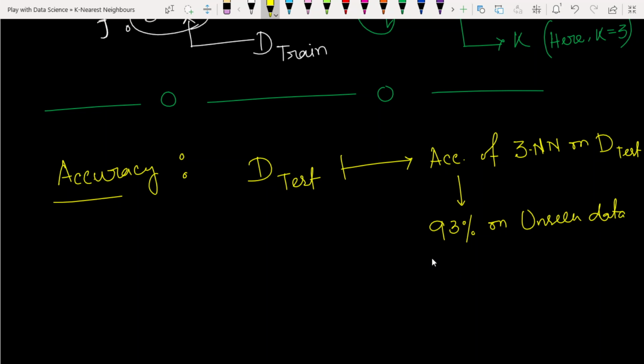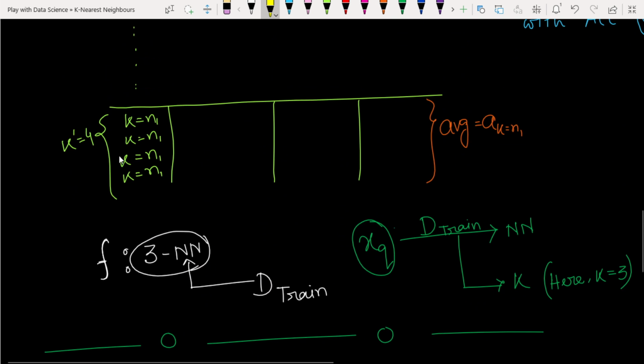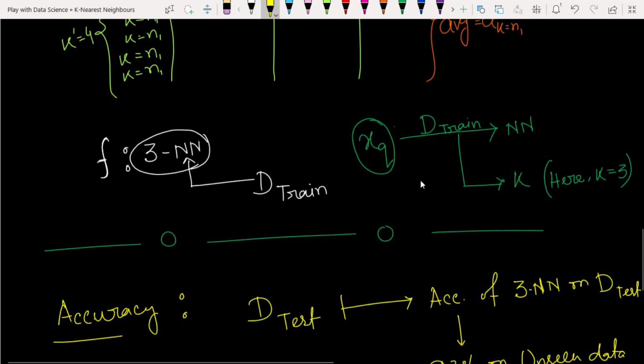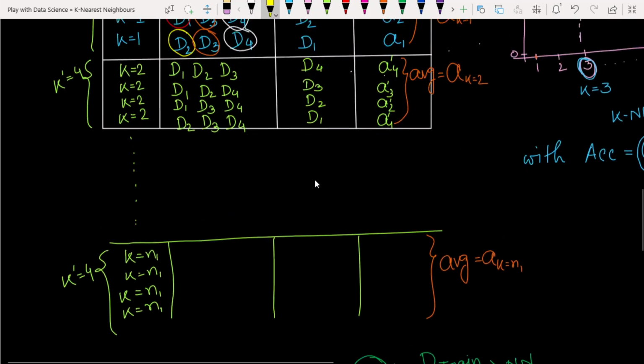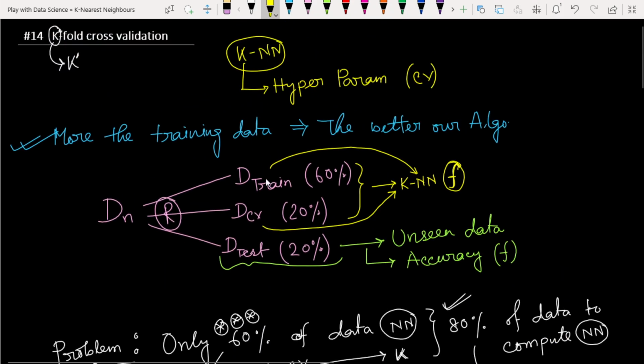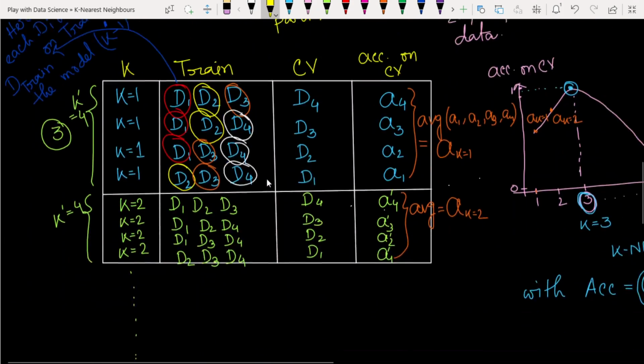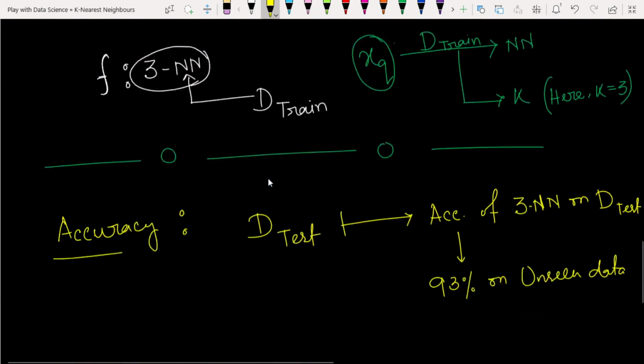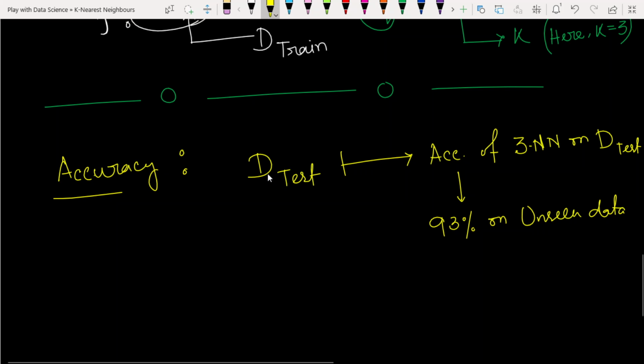Here I am also taking the accuracy on k-fold cross validation as 93, but it just depends on our data sets. If you implement this theory on a real data set, then you can see the actual value of the accuracy on unseen data.